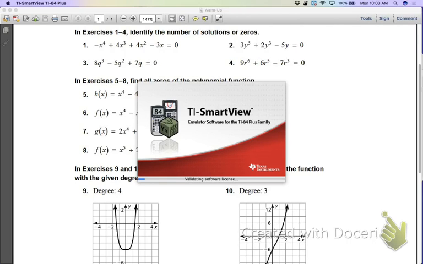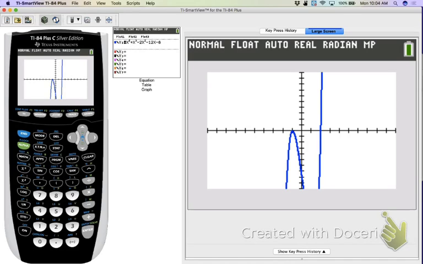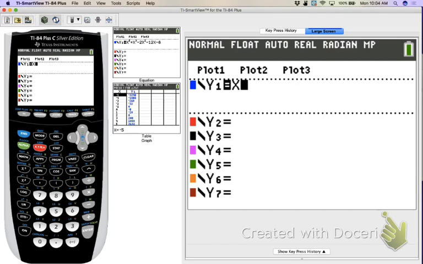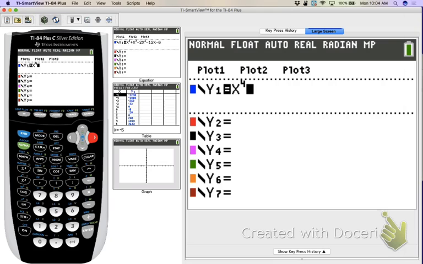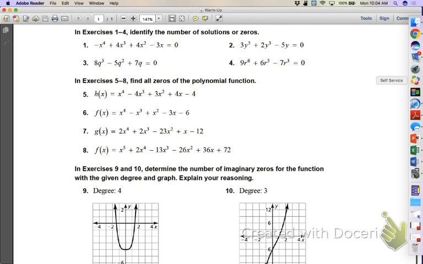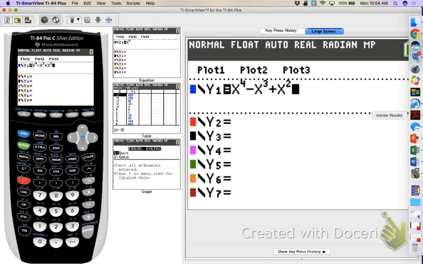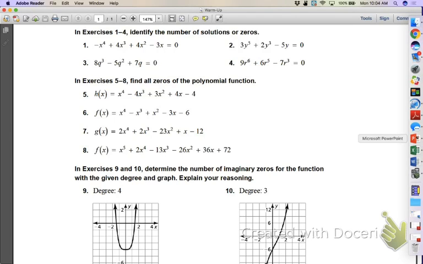So then we can look at our possible options with this. So x to the fourth minus x to the third plus x squared minus 3x minus 6.